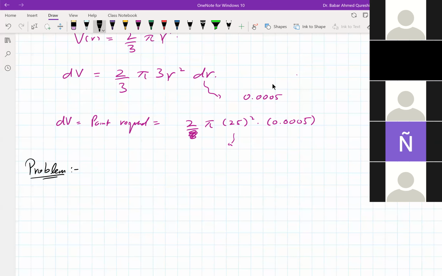Let's do this problem. Suppose you are given, I think I noted it down from the book.